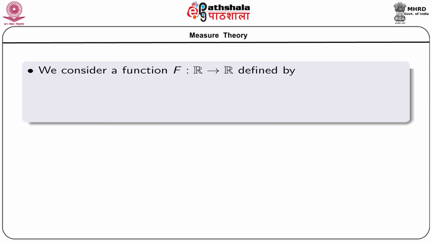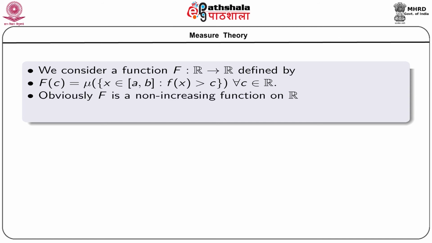For this, we consider a function capital F from R to R defined by F(c) as the measure of the collection of all x belonging to [a, b] where f(x) > c, for all c belonging to R. Observe that since f is measurable, this particular set is measurable and so its measure exists.